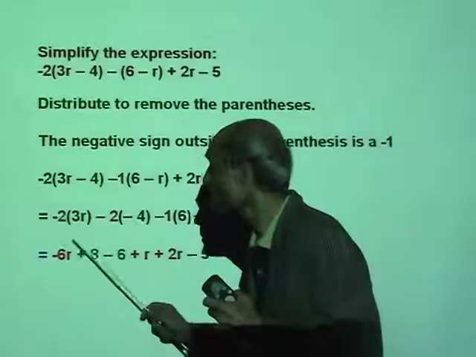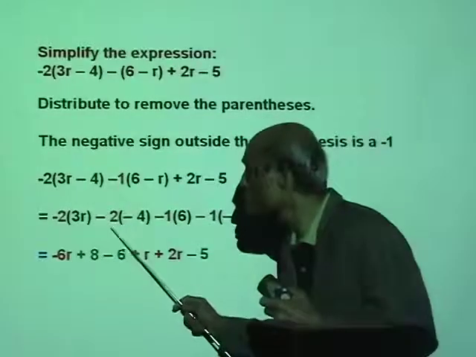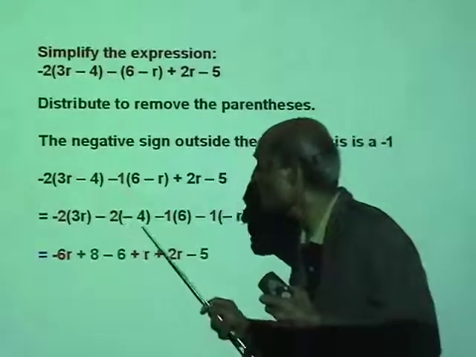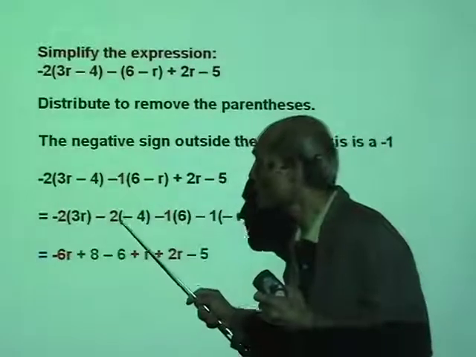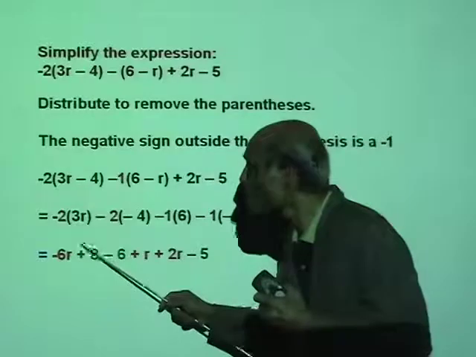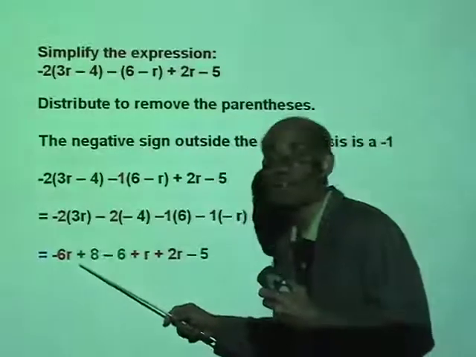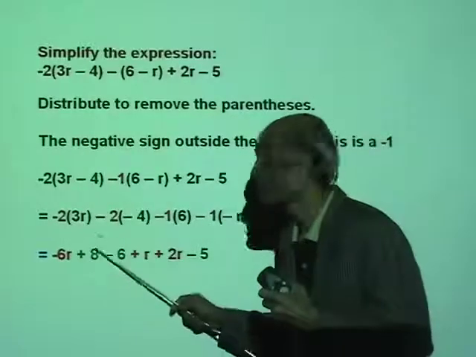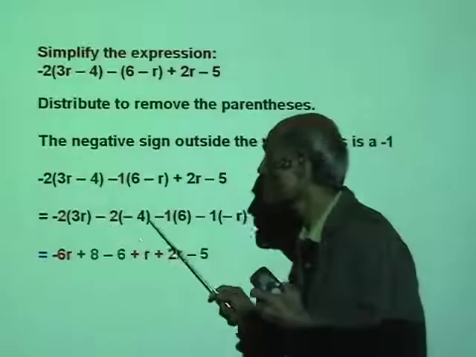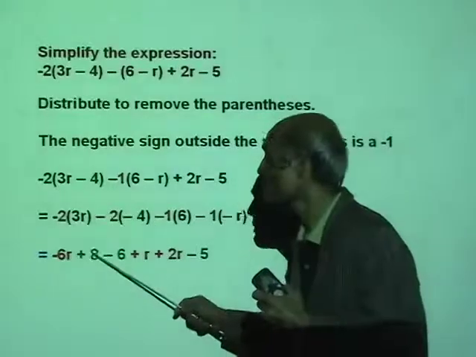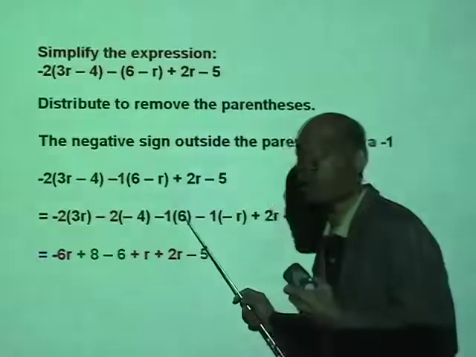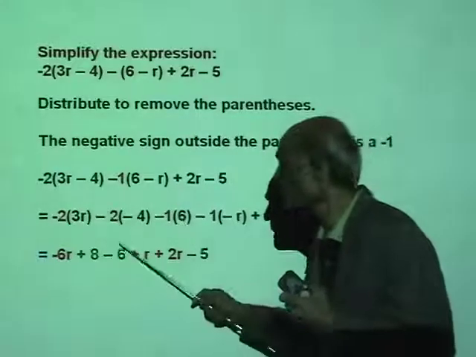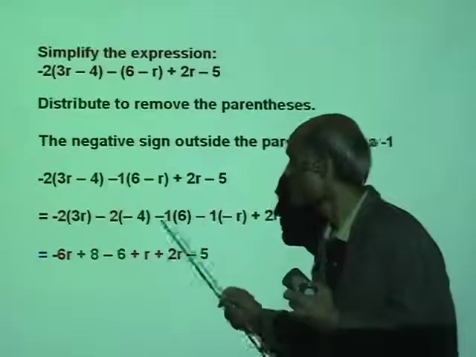Negative 6r. What is negative 2 multiplied by negative 4? Negative 2 multiplied by negative 4 is positive 8. Watch it, how the sign changes. Negative 2 times negative 4 is positive 8. Negative 1 multiplied by positive 6 is minus 6.